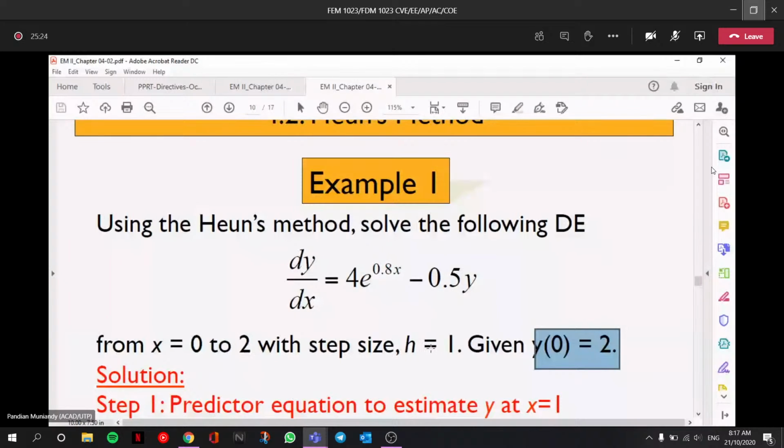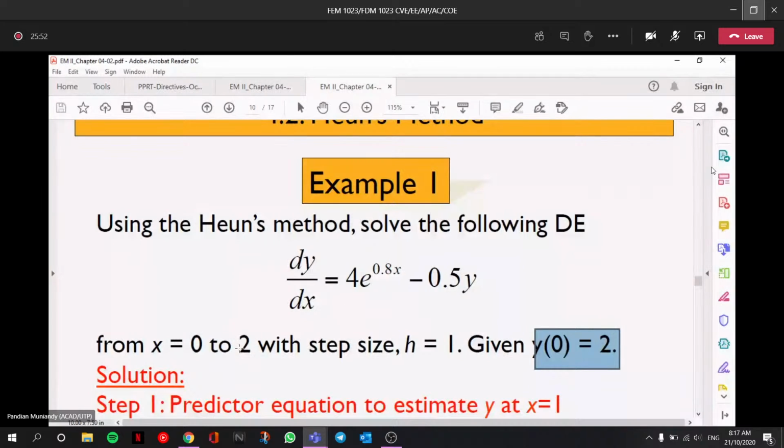Step size h equals 1. So after x0, the next x is 1. How do you get it? 0 plus 1. So at x equals 1, what is the output? Not given. We are now going to find that. And then the next x is 2. What is the output? We call it y2.